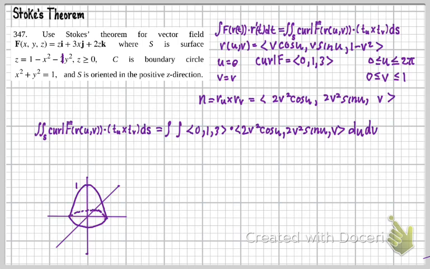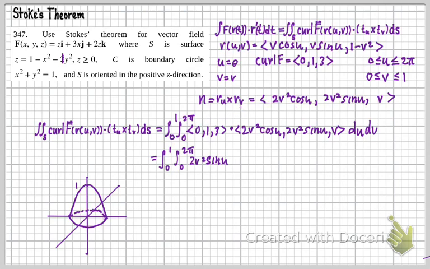Remember, our u is from 0 to 2 pi. And then our v, and they're right over here, is from 0 to 1. So then this equals the integral from 0 to 1, the integral from 0 to 2 pi. When I take those dot products, I'm going to get 0 for my first one. And it's going to be this one times the second one, so it's 1 times that.